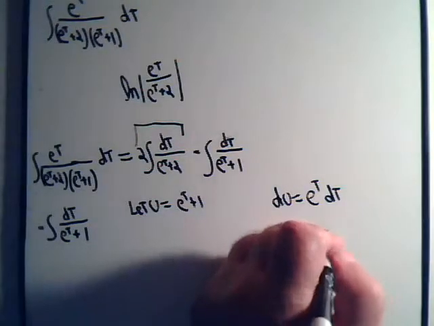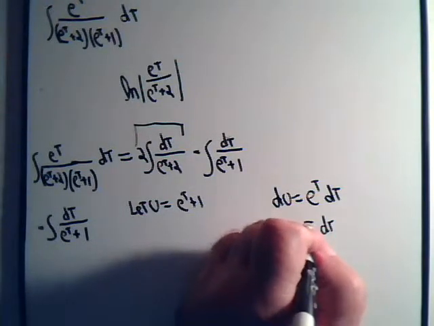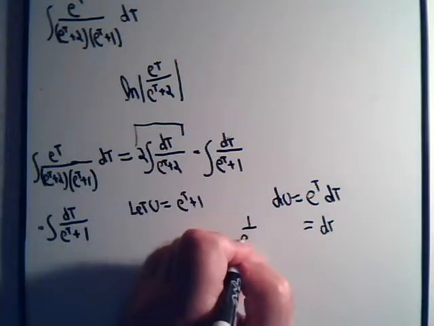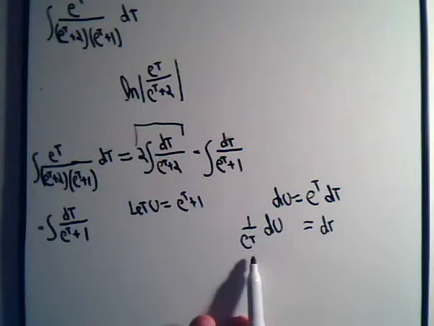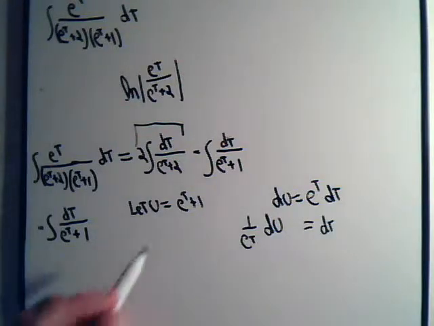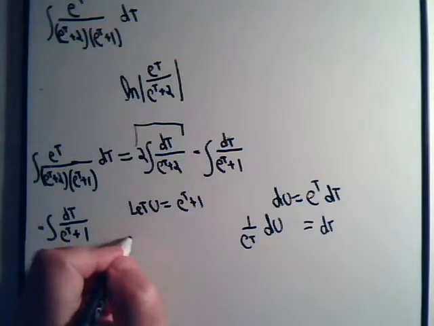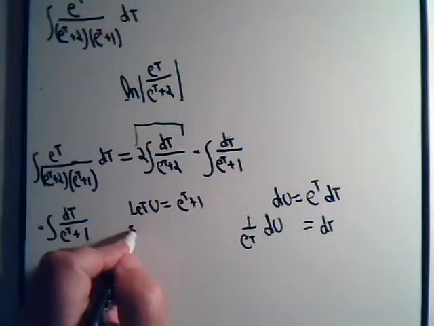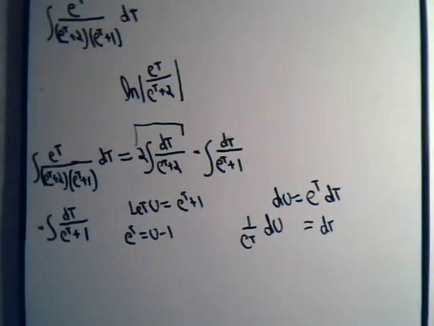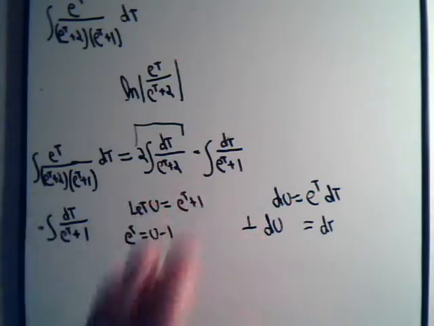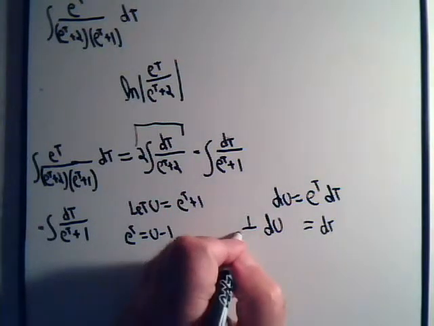We can say now dt equals 1 over e to the t du. But on this side of the integral, we don't want things expressed in t. We want things expressed entirely in terms of u. But we go back and look at our substitution. e to the t equals u minus 1. So we can put this into here.